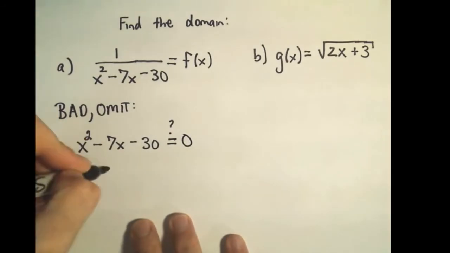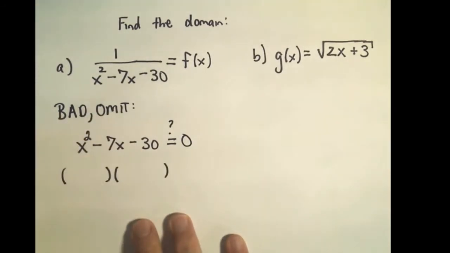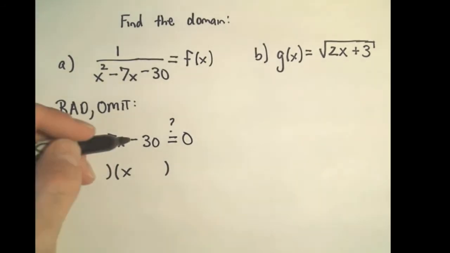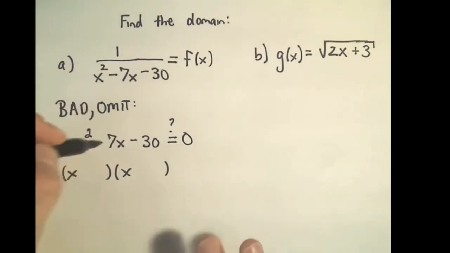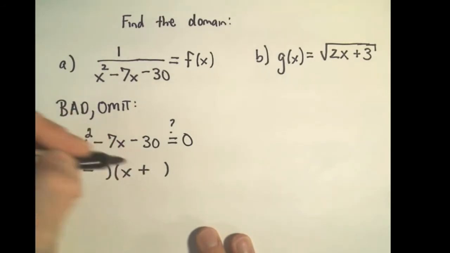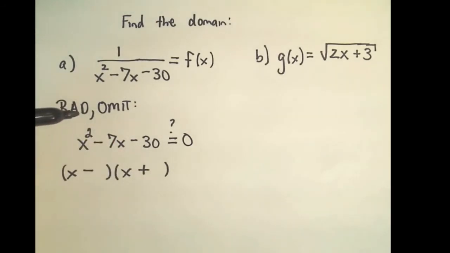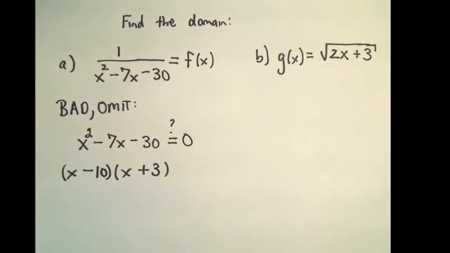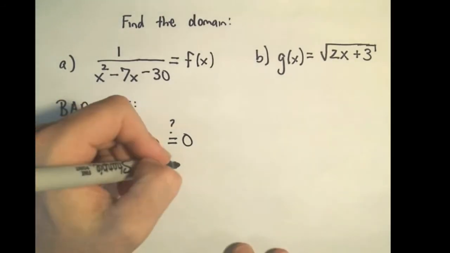Well, we just hopefully factor this. So let's see, I need an x and an x to get my x squared. I need two numbers that multiply to negative 30, so I know I'm going to need a negative and a positive. Those two numbers, when I multiply, I have to get negative 30, but I have to add up to negative 7. So I think if we use negative 10 and positive 3, those two numbers will fit the bill.